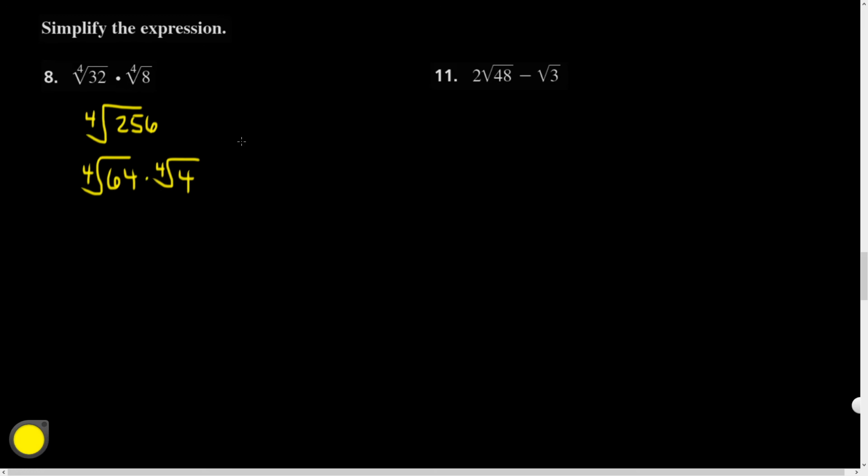And so the list of perfect fourths, 1 to the 4th is 1, 2 to the 4th is 16, 3 to the 4th is, wait a minute. Is 64 a perfect fourth? Or am I thinking of 4 cubed?